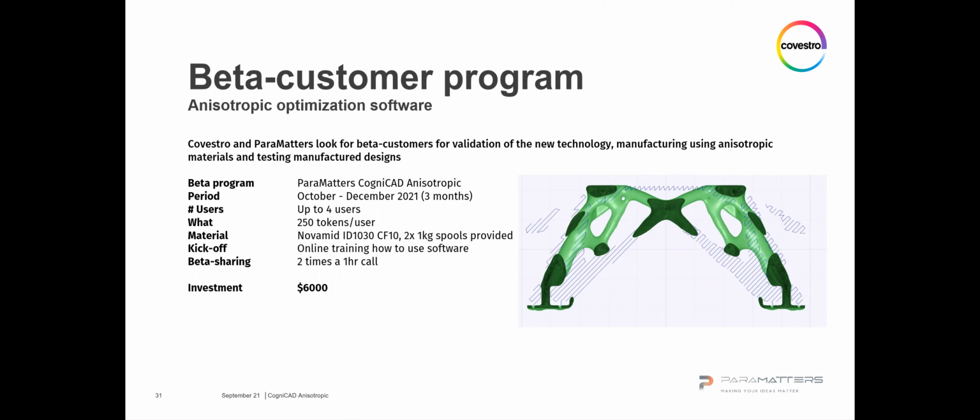If you're interested, of course, we're going to have a dedicated training to make sure that you have a flying start: how to prepare your file, which can be uploaded into the Cognicad software, and how within the Cognicad software you can do the right definition of loads and forces and choosing materials and these kinds of things.